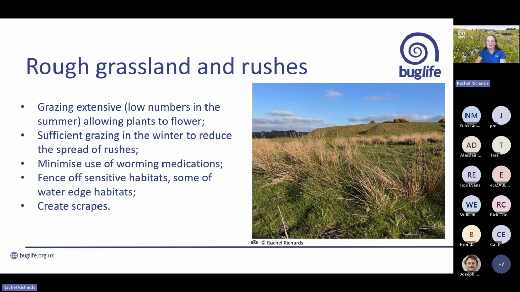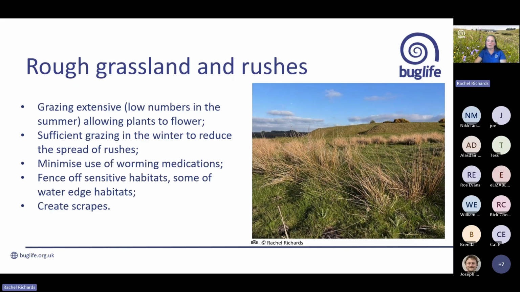But it's extensive rather than intensive grazing. So it's trying to get the grazing levels right, so you're still allowing plants to flower. And yeah, it's enough grazing to keep the rushes down in areas where you don't want to lose that grazing value, but still allow things to flower.